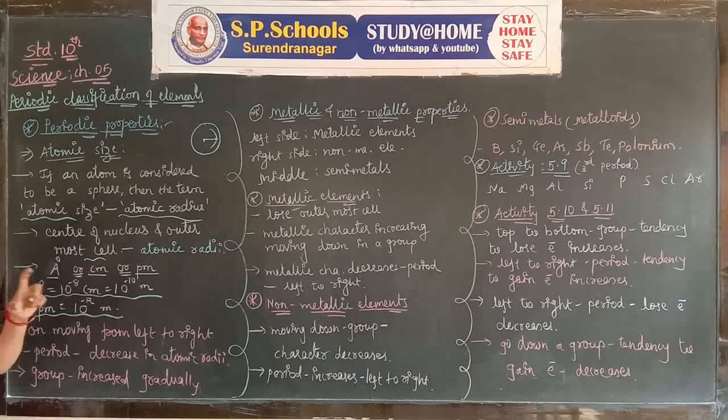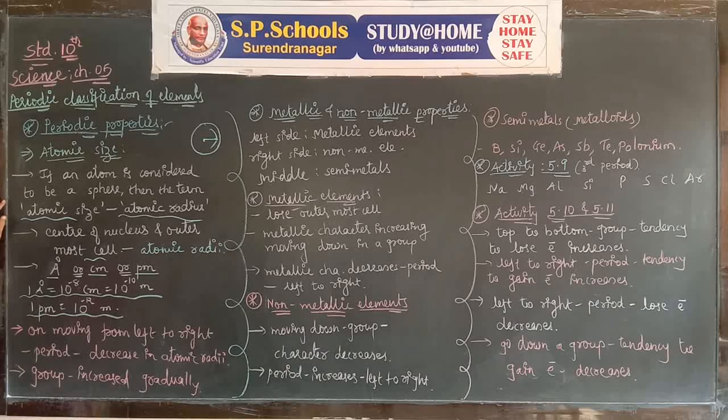Here are some sentences that are important for the exam: why the size increases and why it decreases. They can be learned by heart so that no confusion occurs in writing and you will not lose marks.